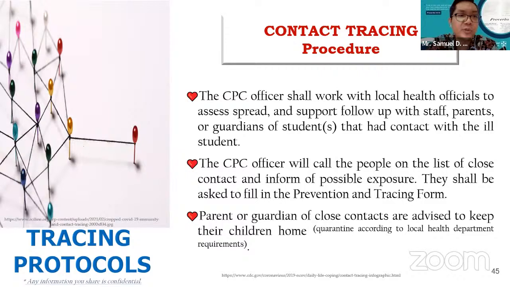So we do the tracing protocols if you have been to school and then somehow you contracted the virus. Okay, so school may contact your parents to do these tracing protocols. If, for example, your friend has tested positive and has been to school, and there is a possibility that you are a close contact, then school will contact your parents to inform them and to check on your health.